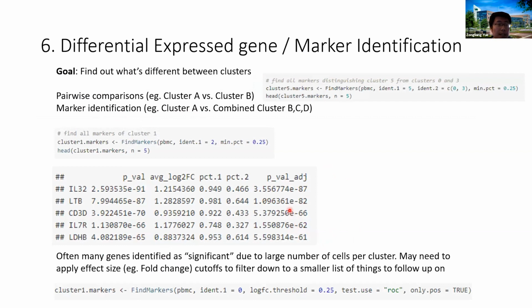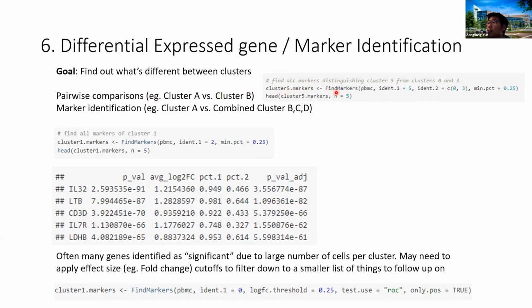In the 6th step, differentially expressed genes or marker identification, the goal here is to find out what the difference is between clusters. There are multiple ways, like pairwise comparisons. You can define what is class A and what is class B and use a one-to-one comparison. You can also use one versus multiple.